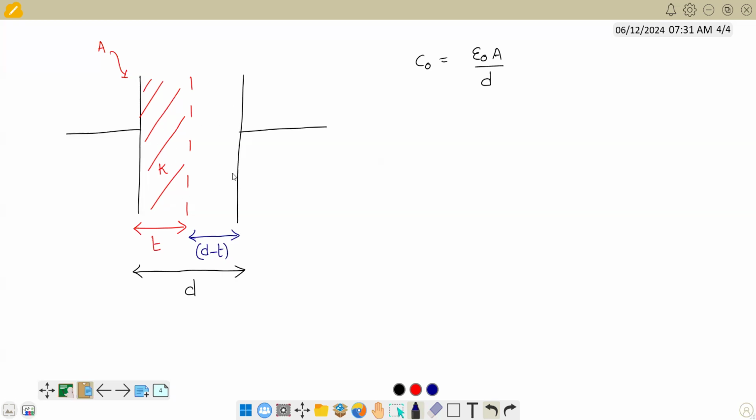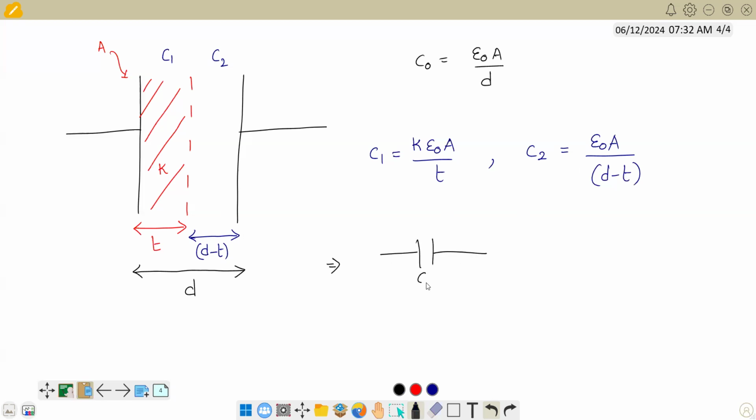So this is one plate, this is another plate. Let me call these C1 and C2. So I'll get C1 equals K epsilon naught A by t, as the gap between them is t. C2 would become, as there is no dielectric, epsilon naught A divided by d minus t, the gap between them. If I rearrange them, I can redraw this diagram with this one as C1 and this one as C2.